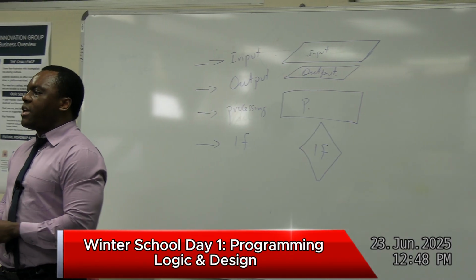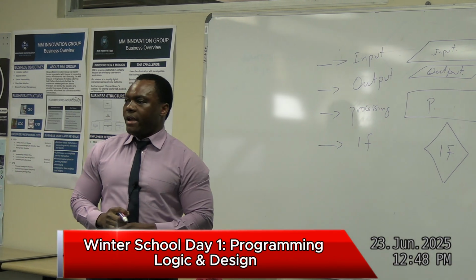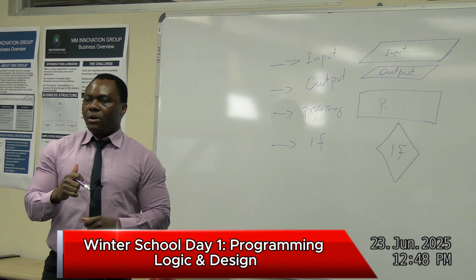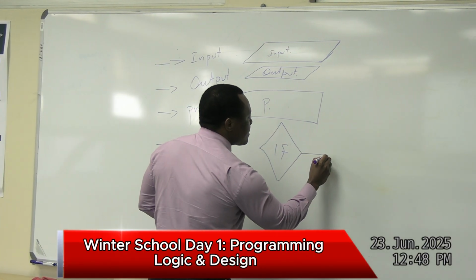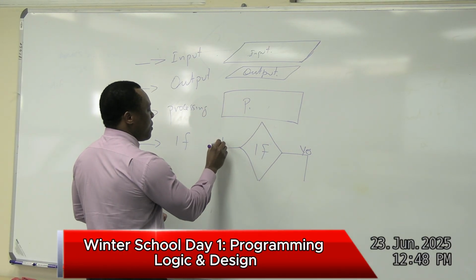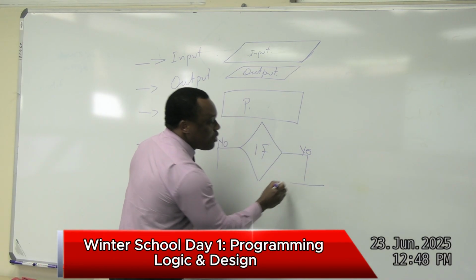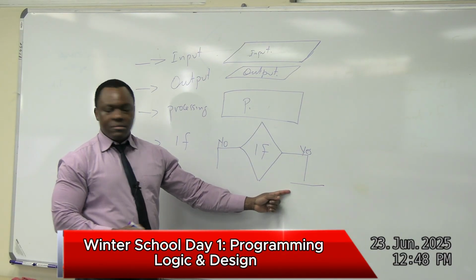Remember, when you give an if condition, there is a Boolean statement, either true or false, correct? So when you say yes, or you say no, the result will be an output, yes or no? Correct.